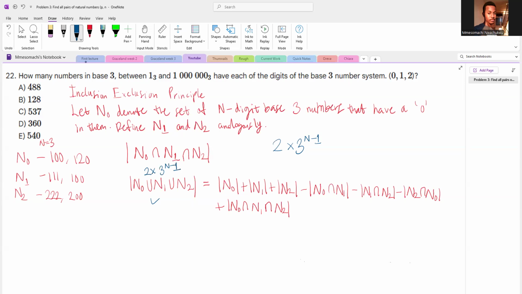Next, we want to find the size of each of these sets. For N0, what we can do is first count the complement. We can count the number of ways that we can create a number in the base 3 number system using only ones and twos.